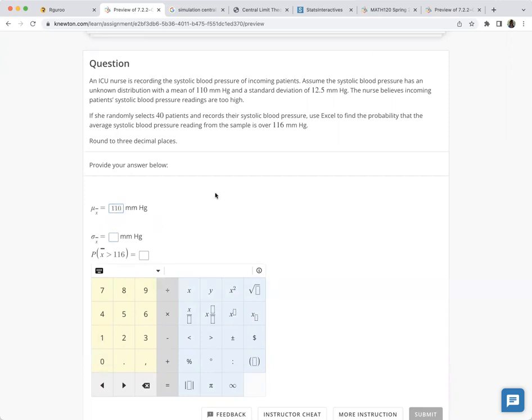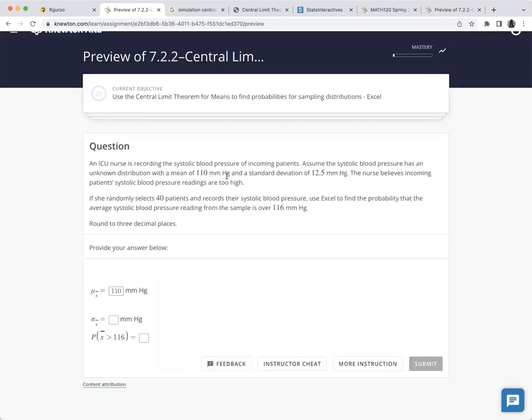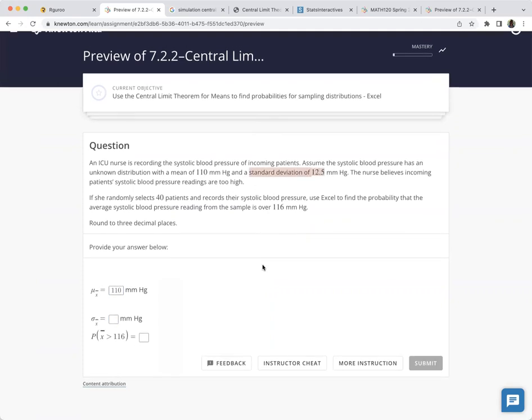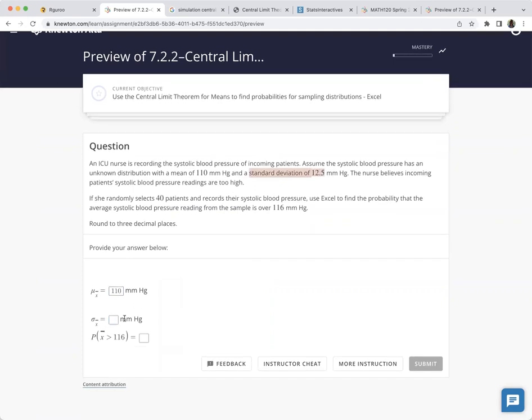All right. The central limit theorem says that the standard deviation of the distribution of the sample means is the standard deviation of the population, which is given in here, divided by the square root of the sample size. So when we do that, we do 12.5 divided by the square root of 40, which is the number of patients that she selected.